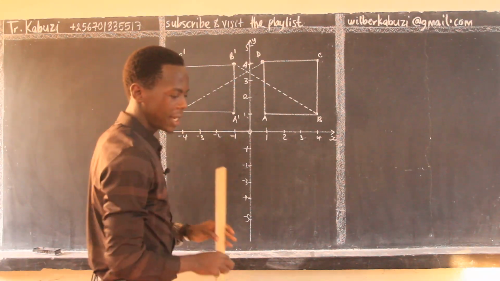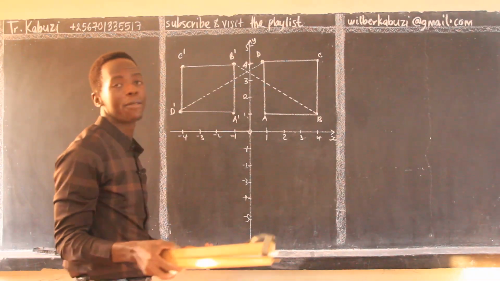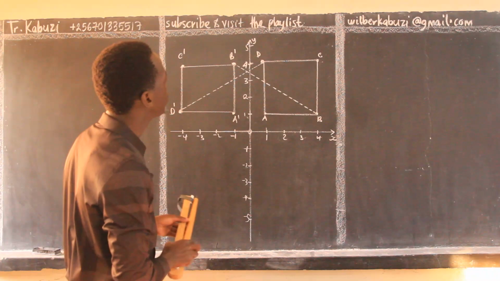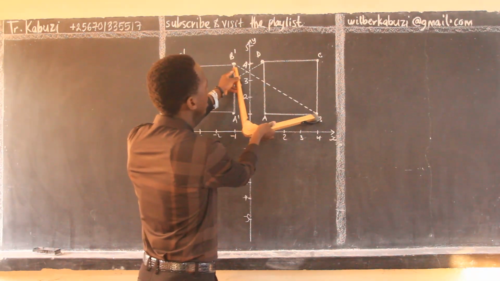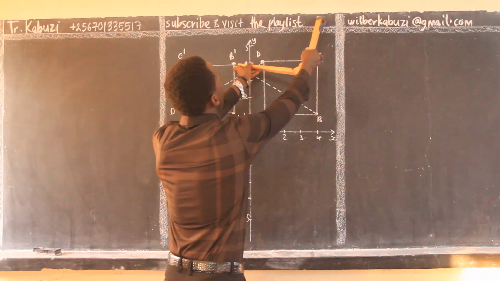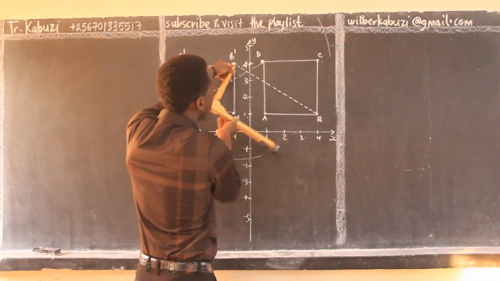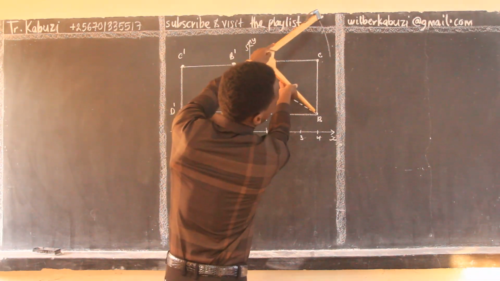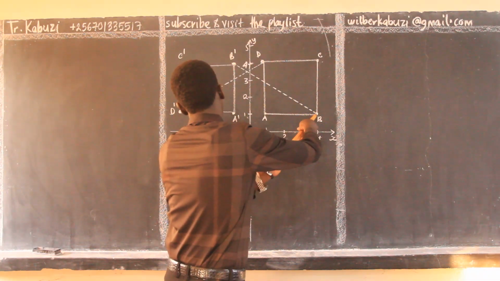Now if it was enlargement, where they meet would have been the center of enlargement. But in rotation, you go on to bisect those two. So you bisect this, and this. You do your bisector there, and also the side. Then draw an arc there, and also there.